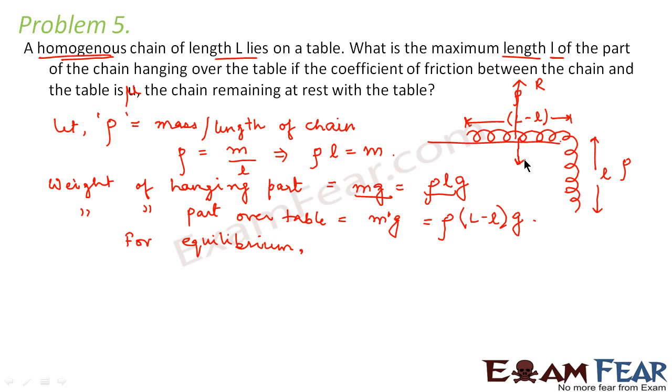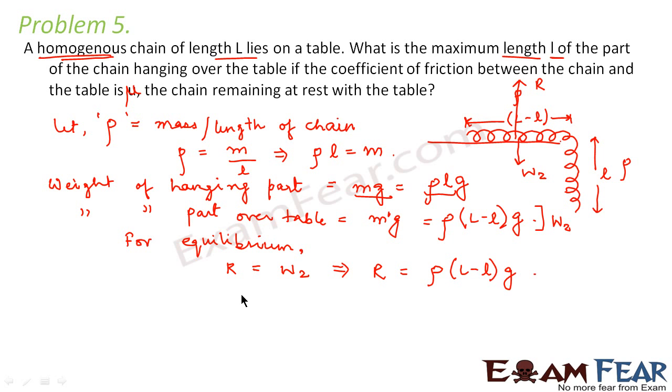The weight which we calculated here, let us say W2, will act like this. So for equilibrium, R is equal to W2, or R is equal to rho into capital L minus small l into g.